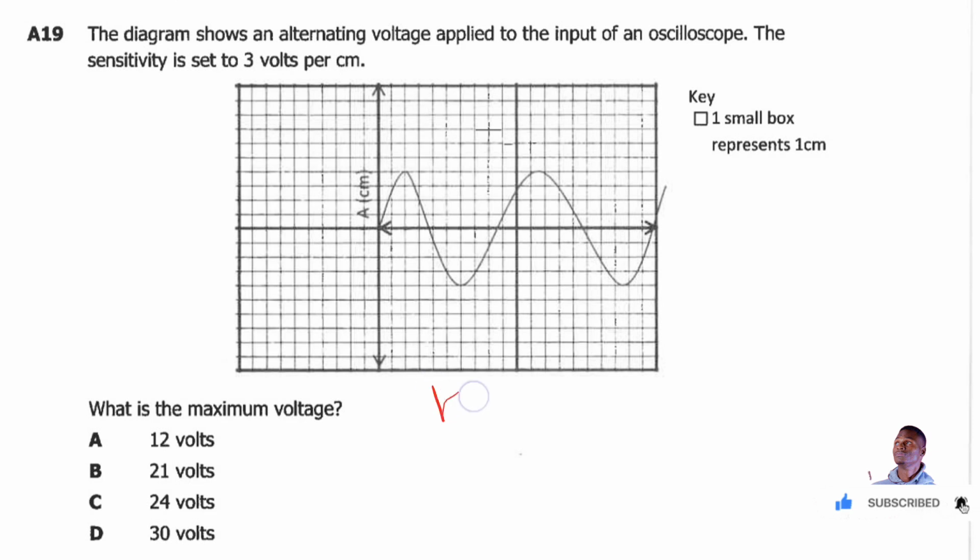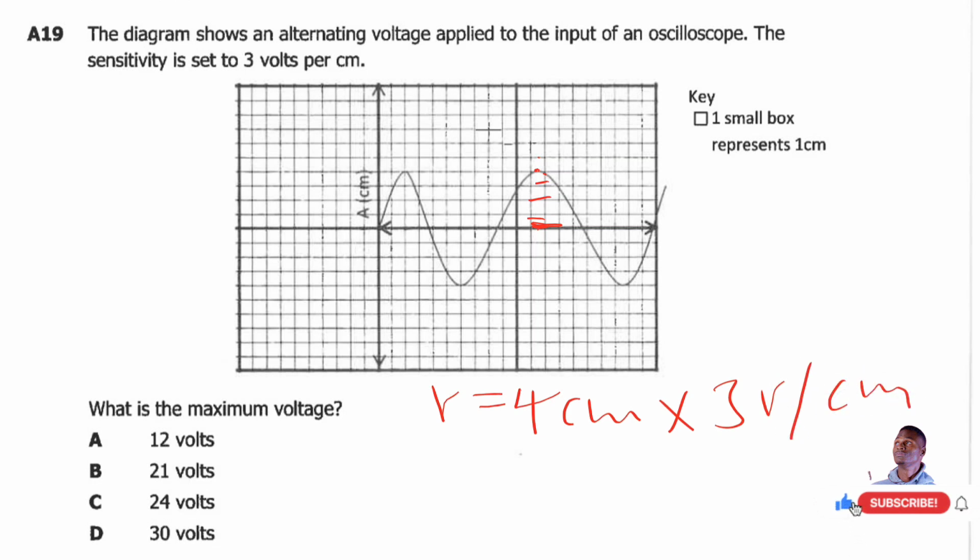This is simple. Let's look at this wave. We're going to say the maximum point of every wave here from the resting position. How many boxes are there? We have 1, 2, 3, 4. So 4 centimeters multiplied by 3 volts per centimeter.